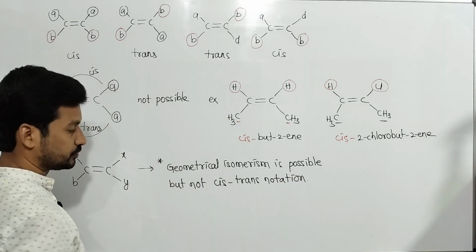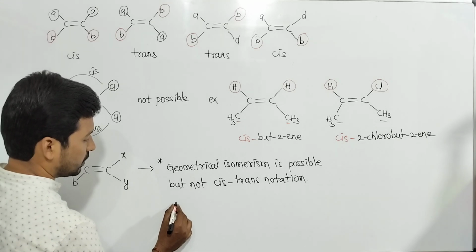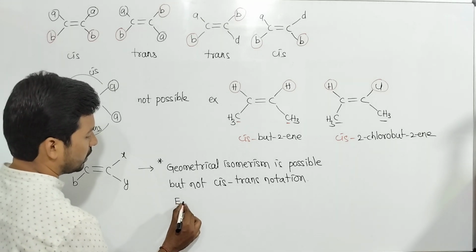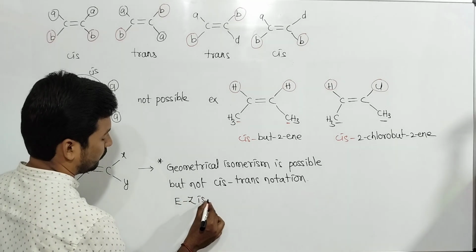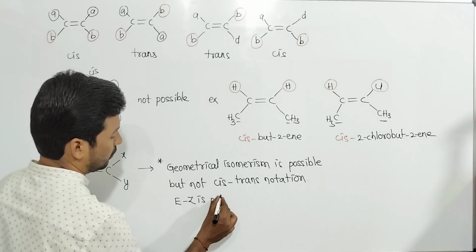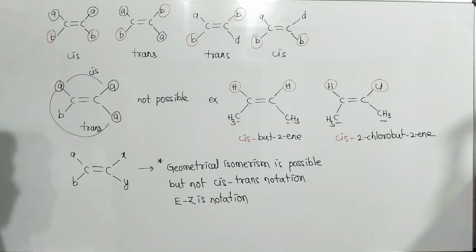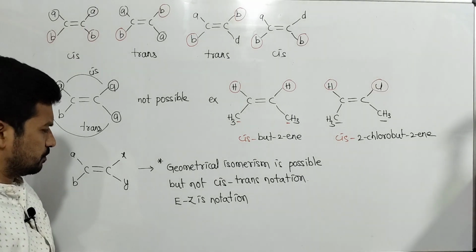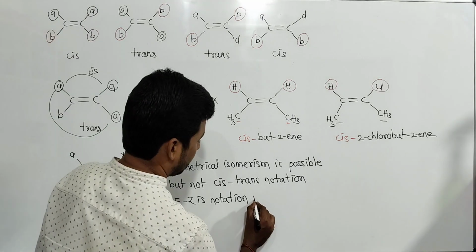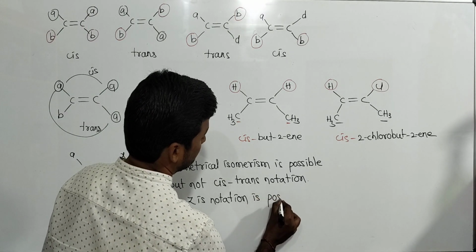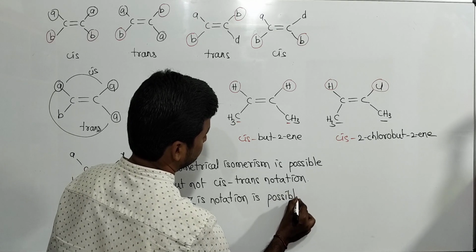What is possible? EZ notation is possible. EZ notation is also called the atomic number ranking method.